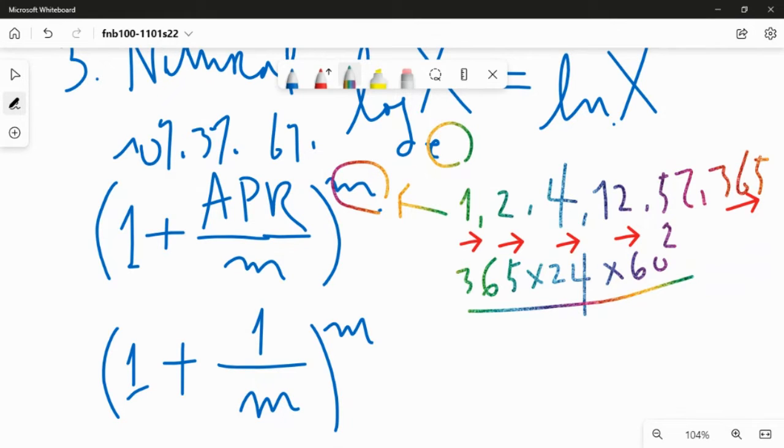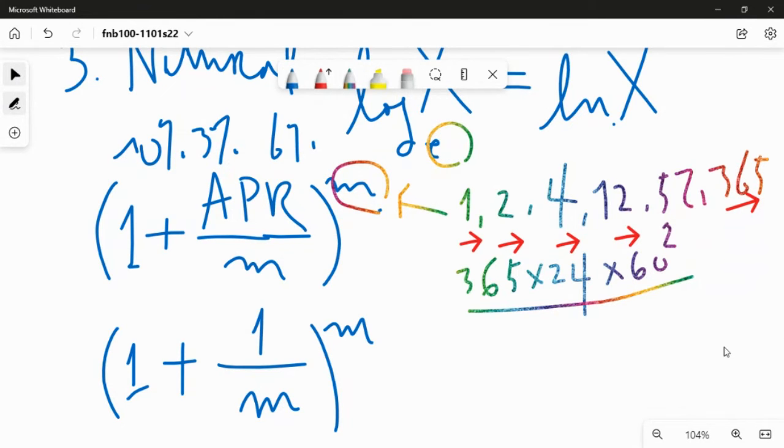And then if we can do that, breaking time into smaller and smaller units, and if we plot the movement of the stock price, then it will become a smooth line.